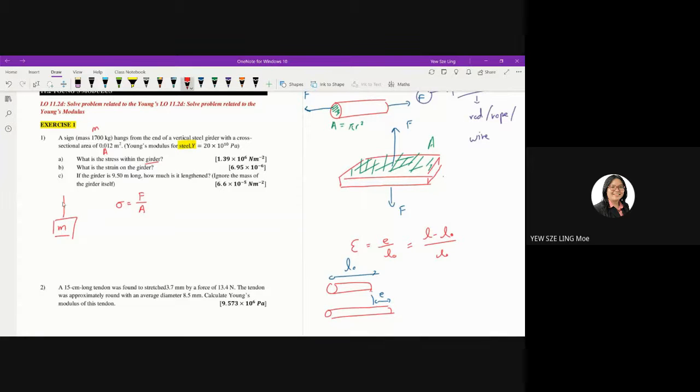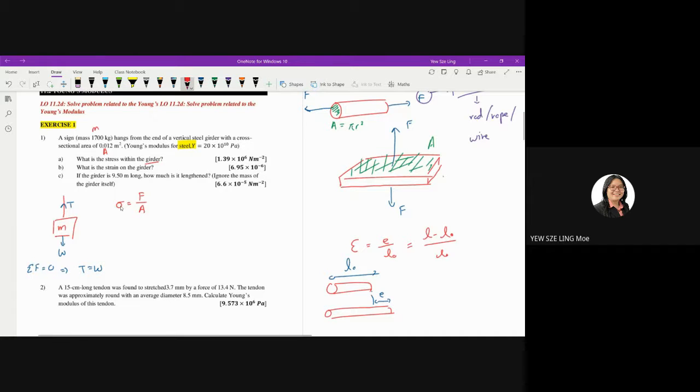Here we have a tension T and a weight W. This object is not moving, so the sum of forces equals 0. By looking at this diagram, we know that T equals W.